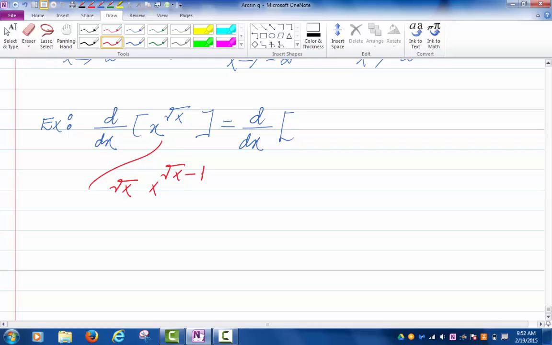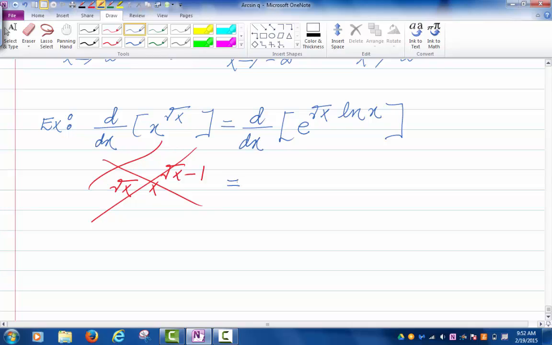This is completely wrong, okay? So what's the right way of doing it? Well, remember the definition of that? This means e to the power exponent times ln of the base. You appeal to that definition and then you take the derivative.